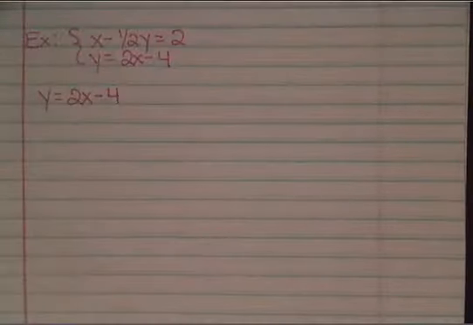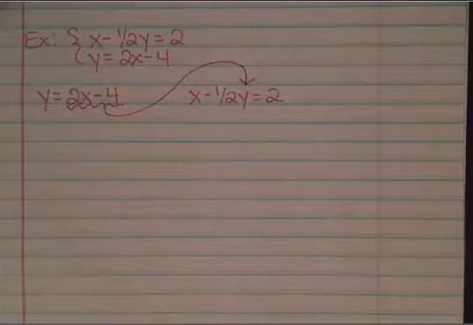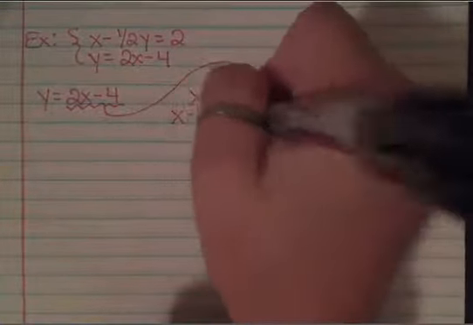We have y equals 2x minus 4. That means in our first equation, our x minus 1/2 y equals 2, anywhere there's a y, we need to plug in all of this stuff. So that would give us x minus 1/2 times (2x minus 4) equals 2.